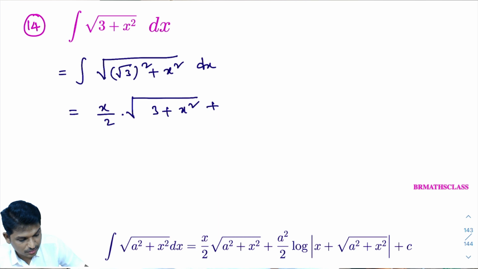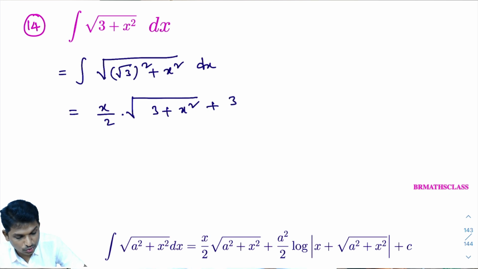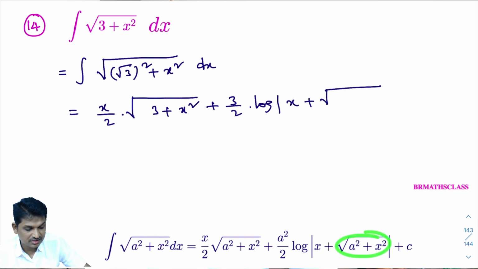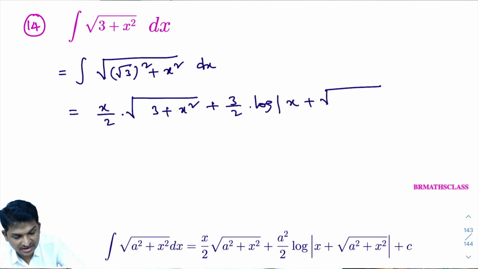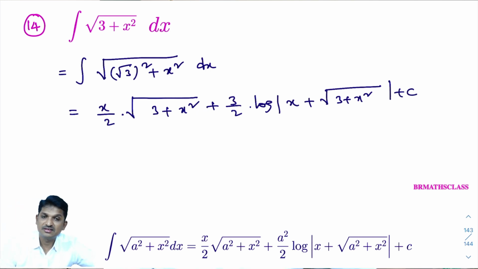What is a square? Root 3 whole square is 3 only. So a square by 2 into log mod x plus root over a square plus x square. This is there in the question, root over 3 plus x square, plus c. I hope you understand this.